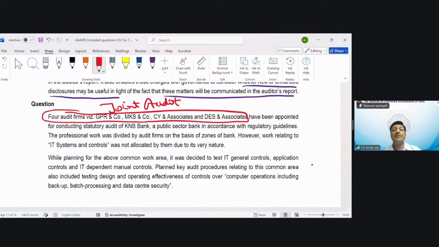Professional work was divided by audit firms on the basis of zones. So they are saying maybe north zone, south zone. So that's how they have done. However, work relating to IT systems and the controls was not allocated by them due to its very nature.